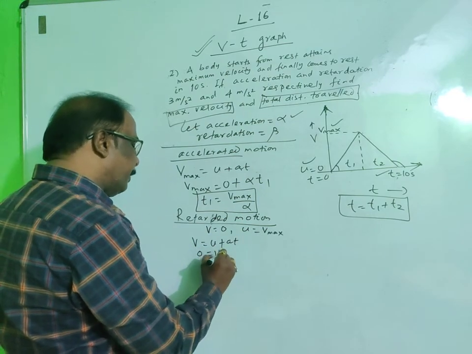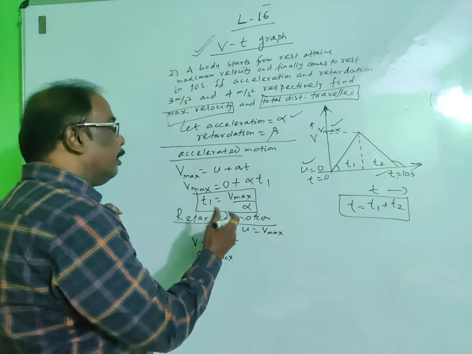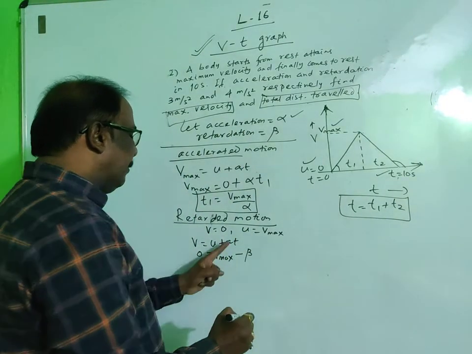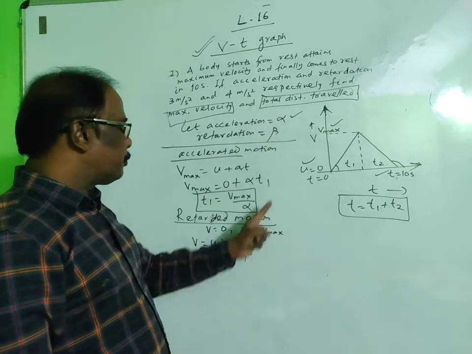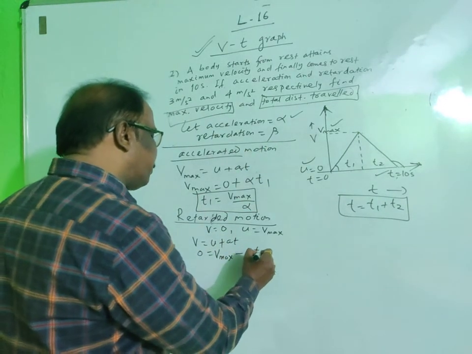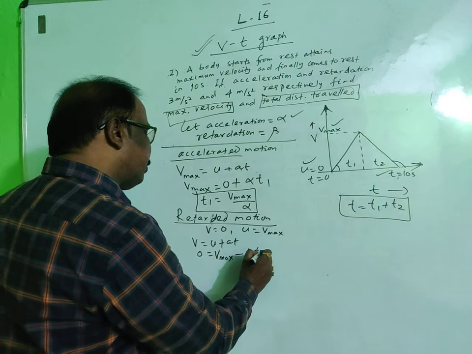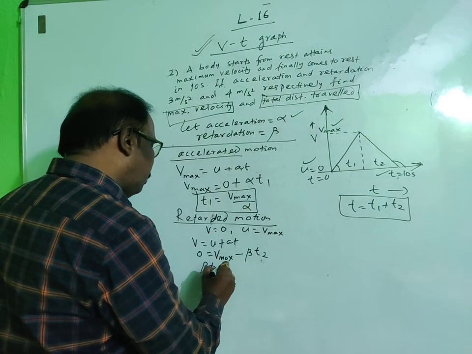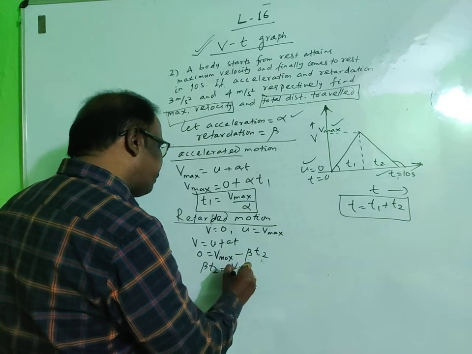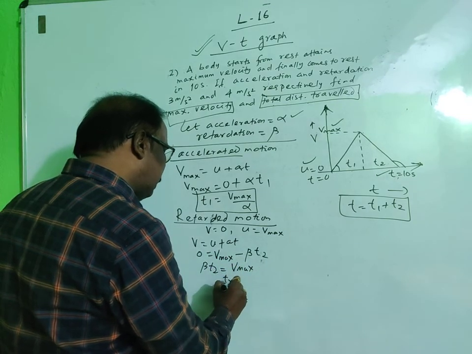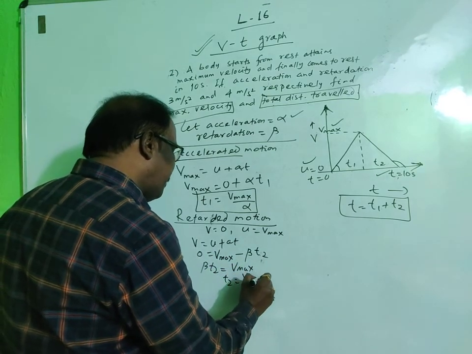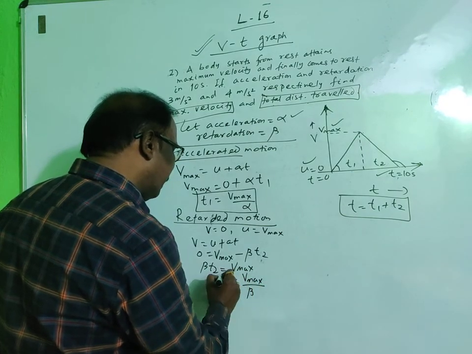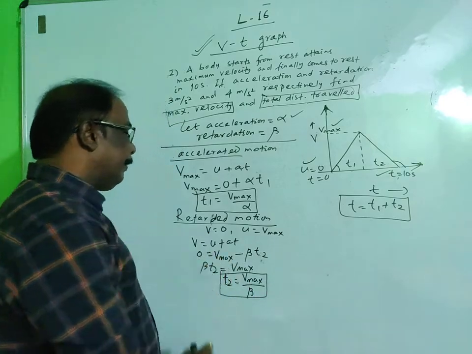In place of u, let's use V max. This is retarded motion, so take it negative, minus beta, in place of a, and time is t2. So beta t2 is equal to V max. Again we get t2 is equal to V max divided by beta.